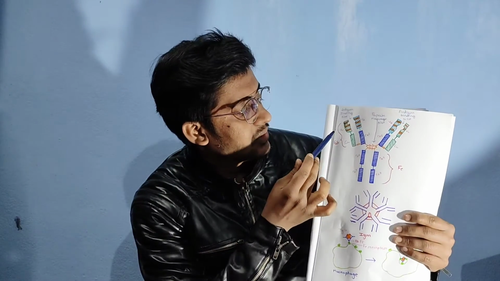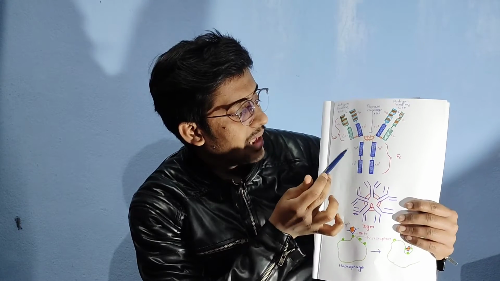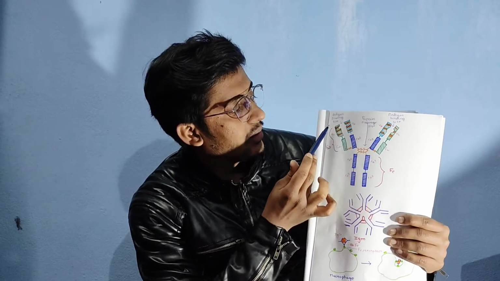So amino acid sequences remain constant in that particular region. On the other hand, VL means variable light chain and VH means variable heavy chain. So the heavy chain and light chain both contain a variable region.